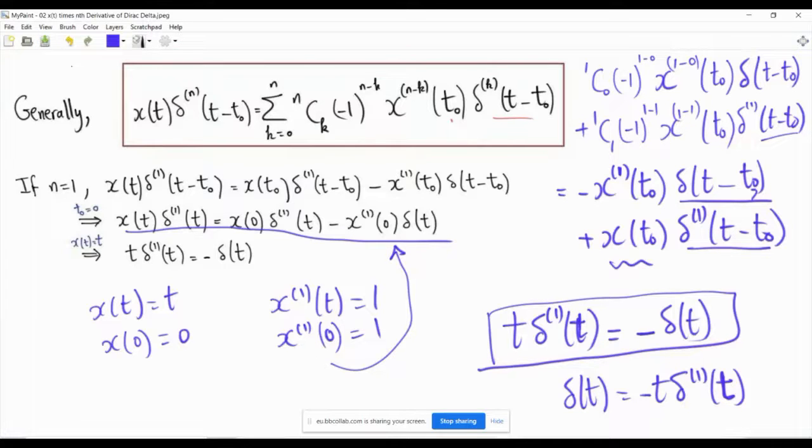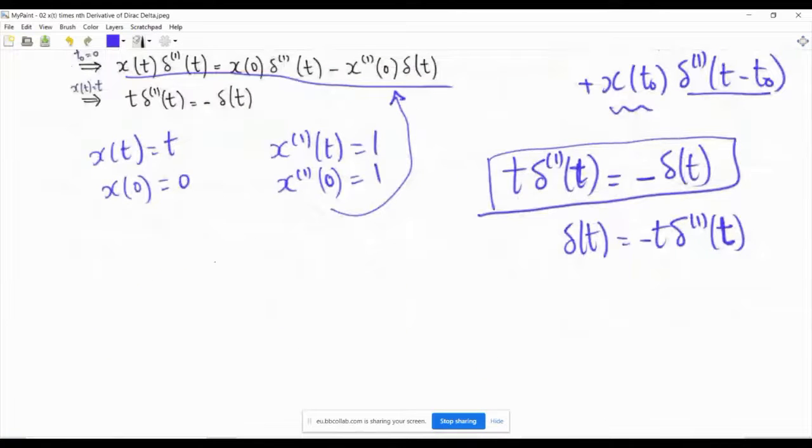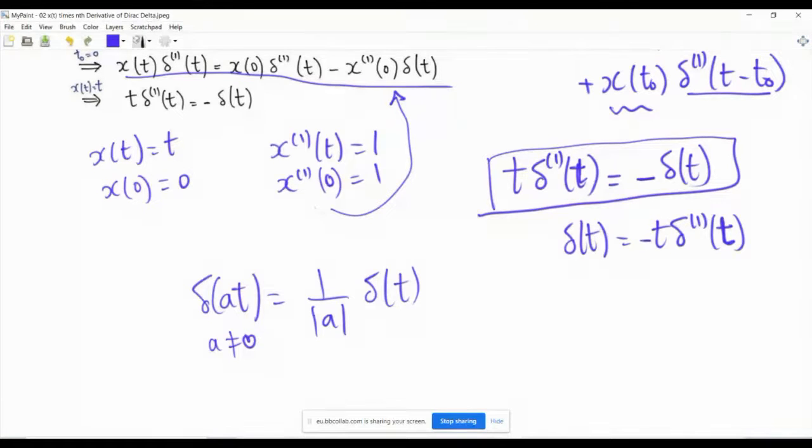Don't forget that the Dirac delta is an even function, because delta of minus t is delta of t, and remember the scaling rule that delta of at is 1 over the absolute value of a times delta of t, where a should not be equal to 0. So if you put a equals minus 1, you get delta of minus t equals delta of t. So it's an even function.